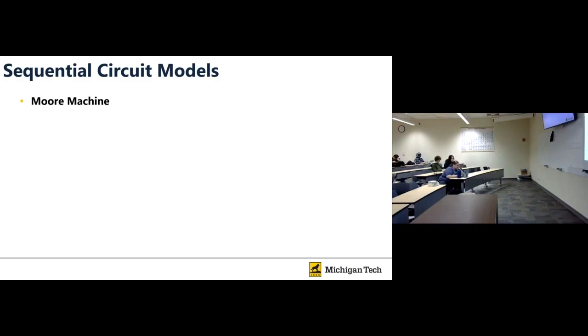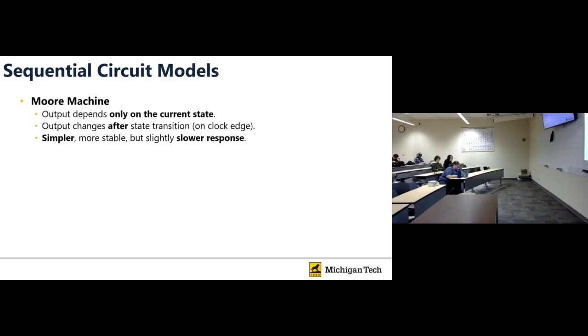We normally have two main categories of sequential circuits: Moore and Mealy. Moore is when we have combinational logic and some memory elements, and we use this memory to make the next decision, and the output goes out from the memory.